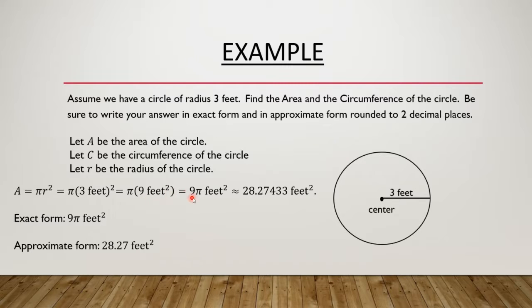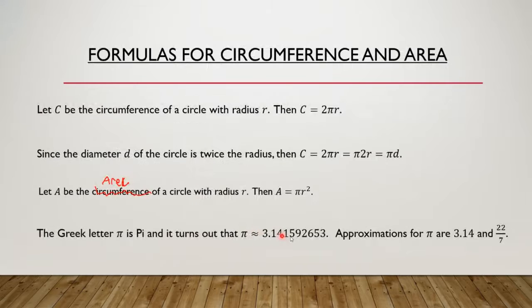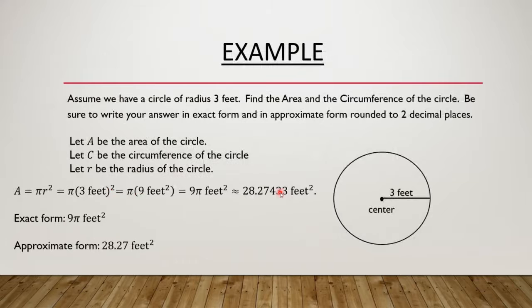So our answer is 9 times pi square feet. Now, to get the decimal form of this, you could use pi in your calculator. You would type pi in, and you'll get something like this. And then you just multiply this by 9. I know the iPhone calculator has pi programmed into it.